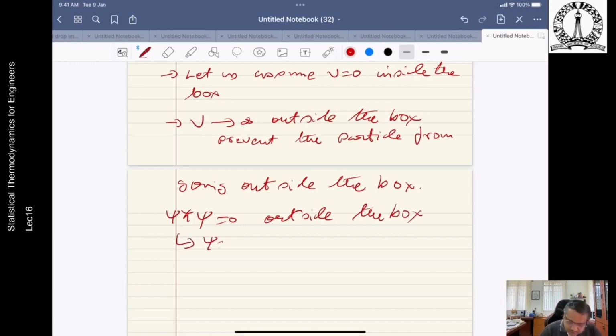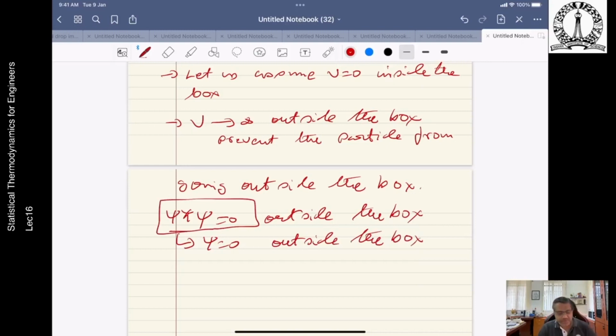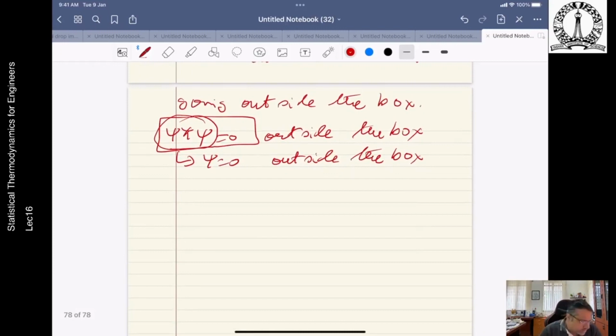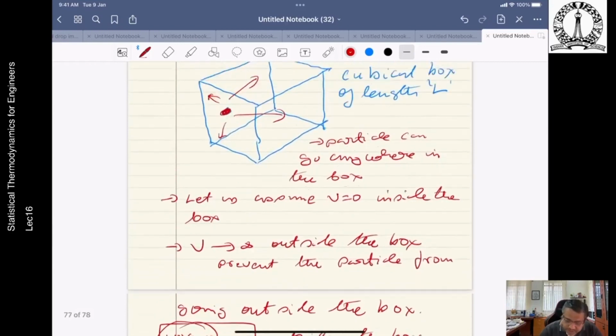We also assume psi equal to 0 outside the box. So the probability is 0, as we know this represents a probability density function for the position of the particle, but it is 0 outside the box. If we now assume the Schrodinger steady state equation, there are 3 coordinates, remember, because this is a cuboidal system.